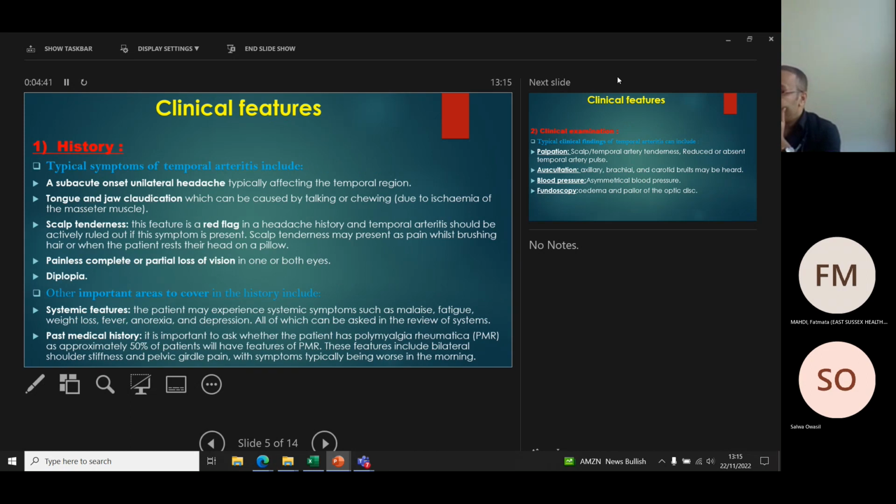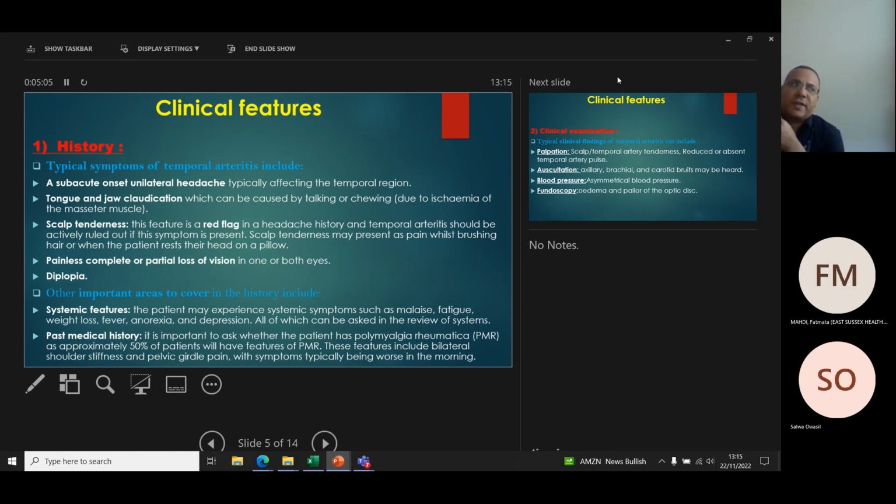Clinical features of temporal arthritis. Number one, the history, which is very important. Of course, the pathognomonic symptom of a case of temporal arthritis is headache. The character of the headache of temporal arthritis is unilateral and subacute in nature.